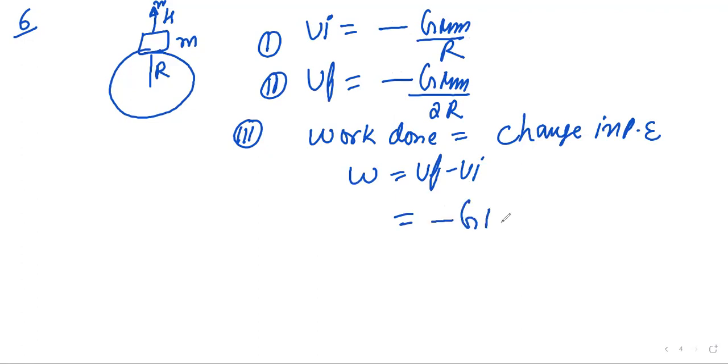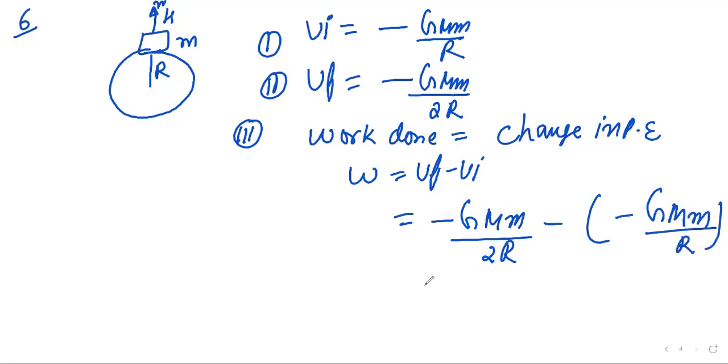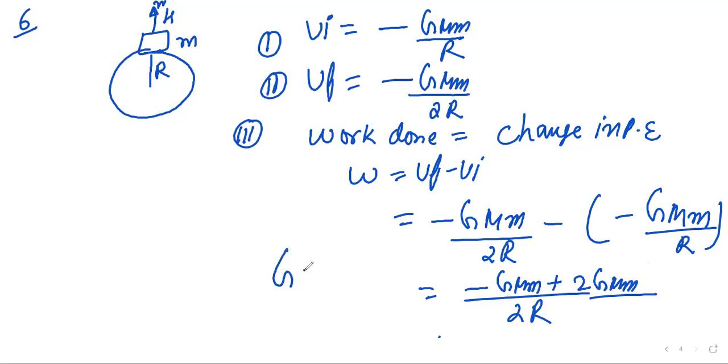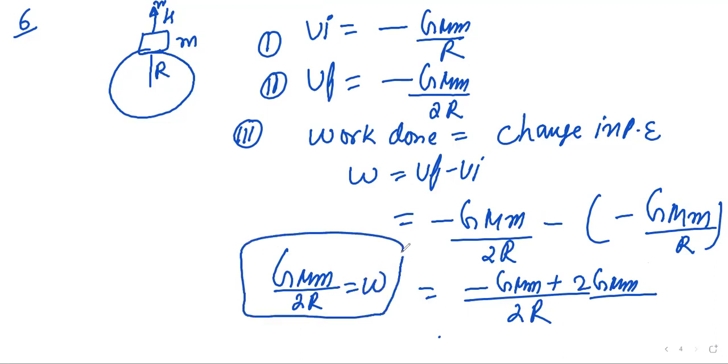So it is minus GMm upon 2R minus of minus GMm upon R. So the common denominator is 2R. Right. So this will become 2 coming here with plus, right? So it is minus GMm plus 2 GMm. So it is coming out to be GMm upon 2R, your final work done.